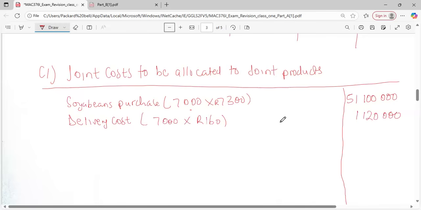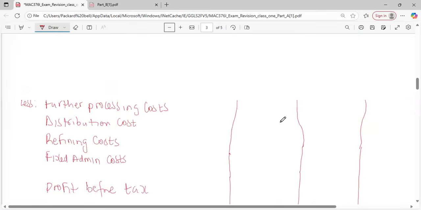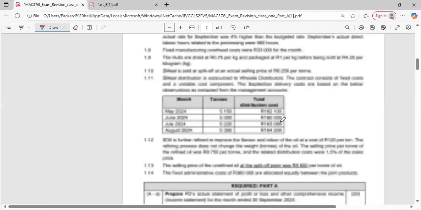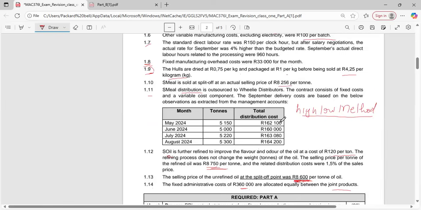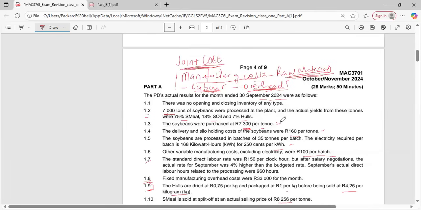Let's check again who is going to form part of our joint cost. So we took 1.2 and 1.3. So we are on 1.5. The soybeans are processed in batches of 35,000 tons per batch.